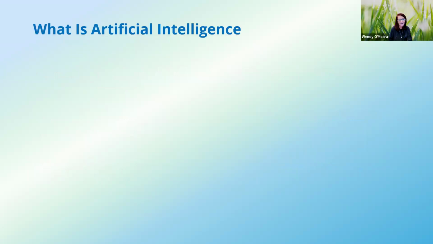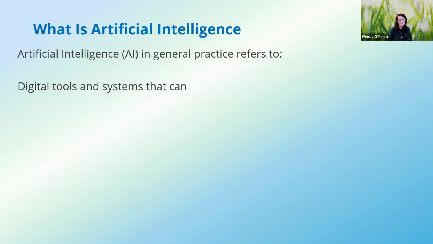So, what is artificial intelligence? So basically, artificial intelligence is a set of tools that we use in order for us to do multiple tasks. So analysing information, recognising patterns and learning from this, and supporting clinical and administrative decision making.